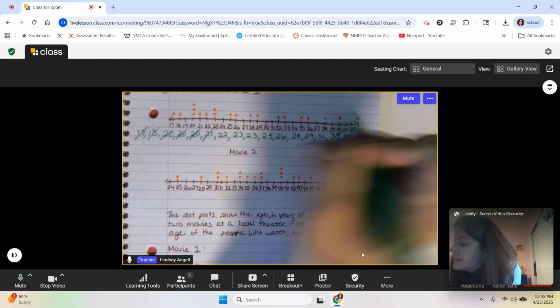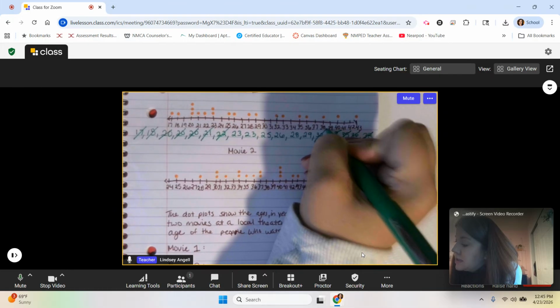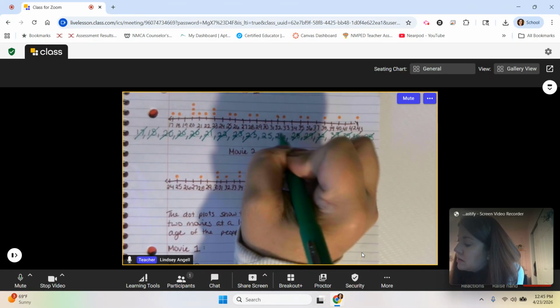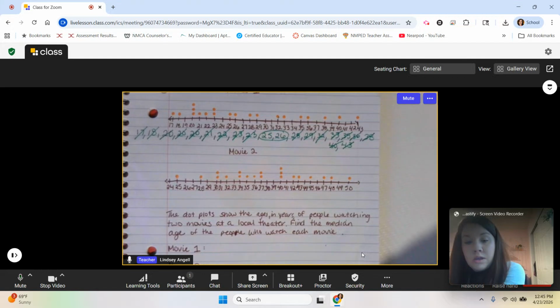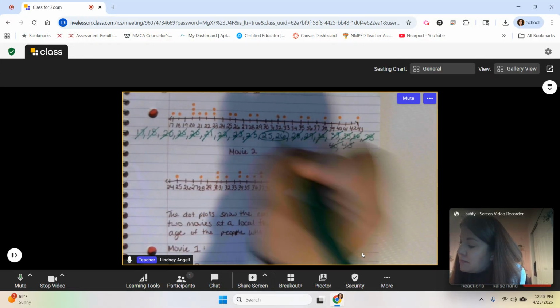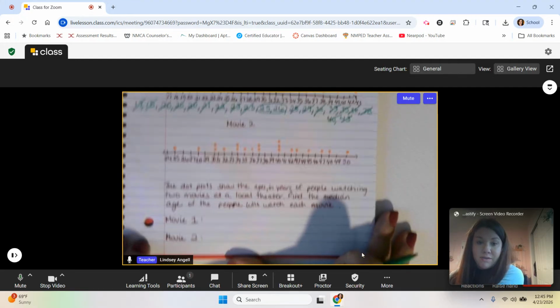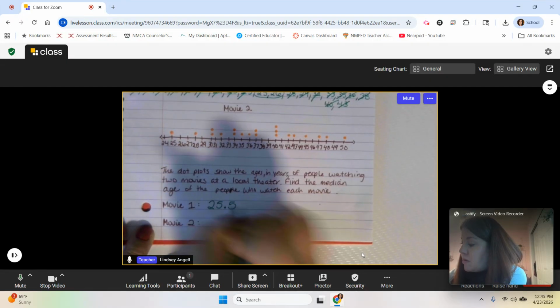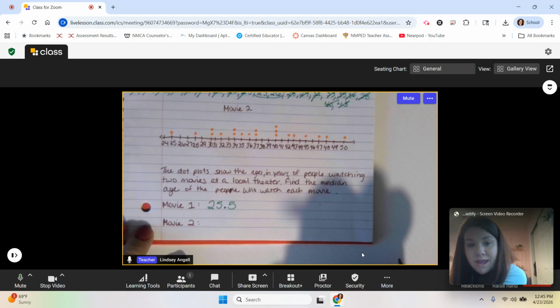There's number 6. You just got to make sure you do 1 from each side. Okay, we're down to 2 numbers in the middle, 25 and 26. So we have to find the number right in the middle of those, which would be 25.5. So 25.5 years old, so 25 and a half.